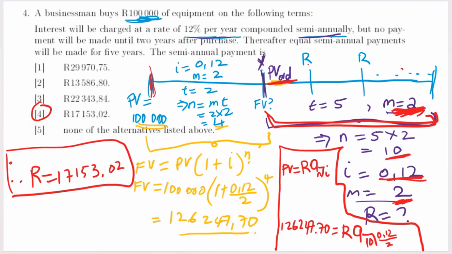I've given you a revision on how to calculate an ordinary annuity, and this was part of that. I've also done a revision on how to calculate compound interest, here with so many compounding periods. So there were so many revisions in one example.